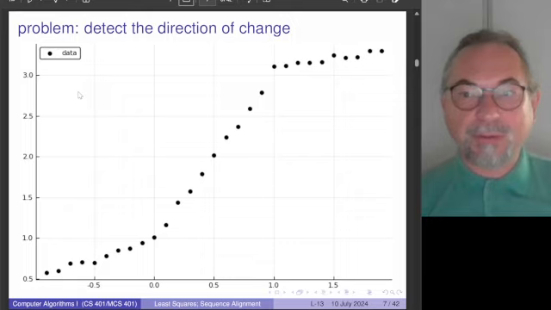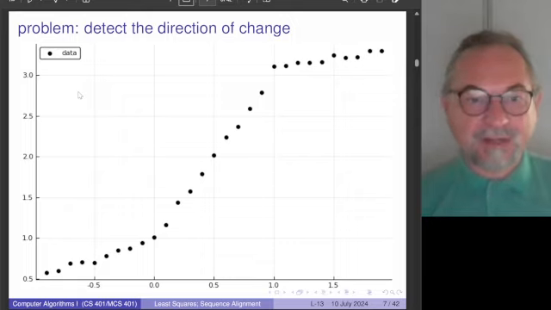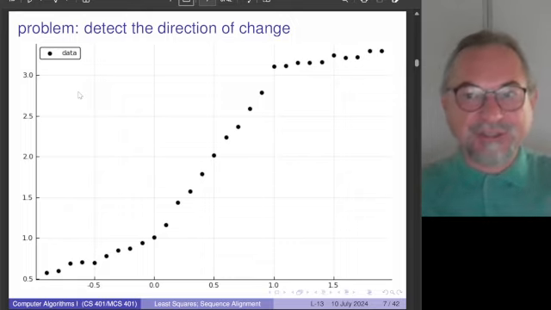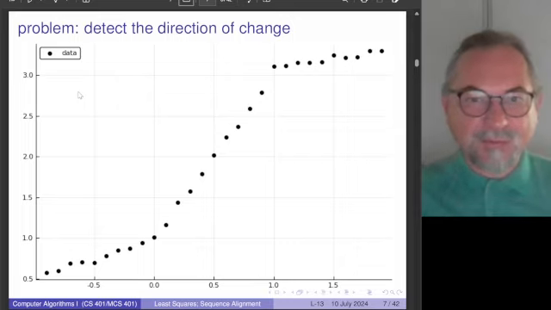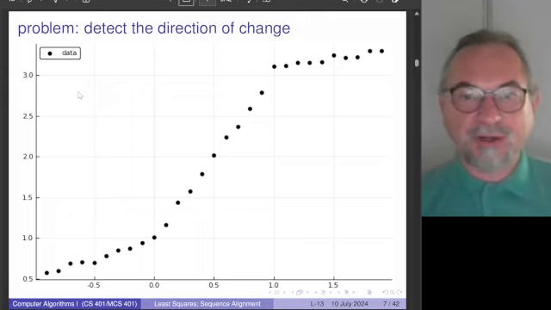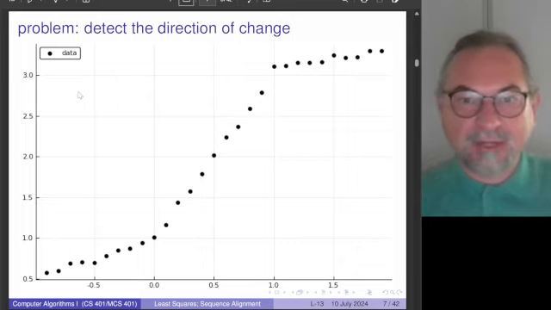So here is the problem again. I took the same example as last time, and I changed the orientation now after 1. So we started with a small slope 0.5, then the slope became 2, and then after 1 the slope became very small again.